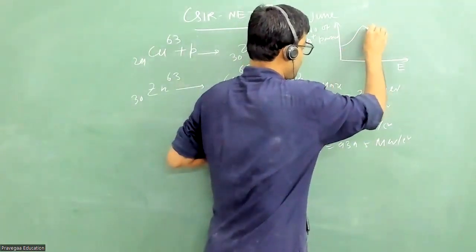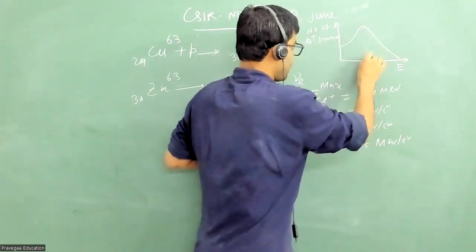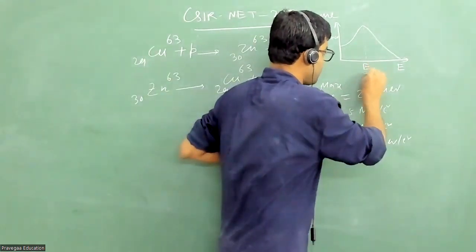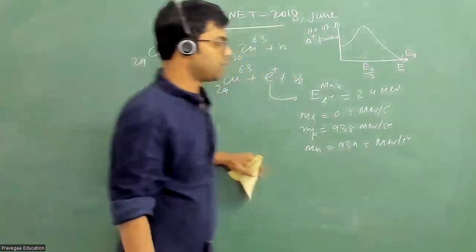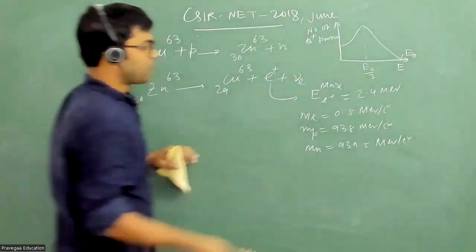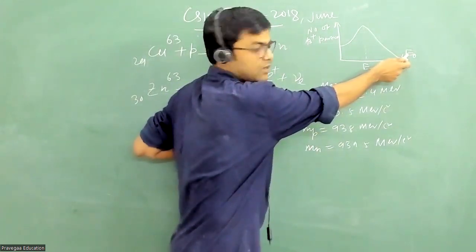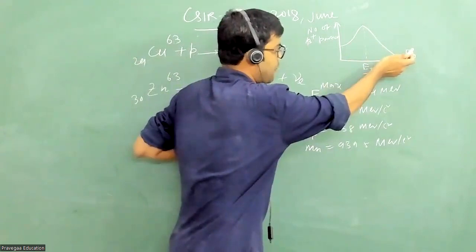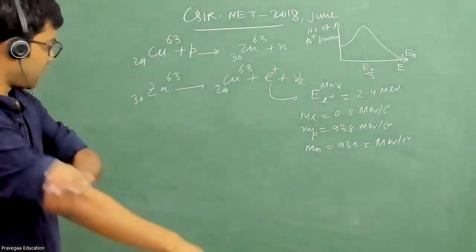It can have many possible energies, but the maximum number of emitted beta particles have energy E naught by 3, where E naught is the maximum energy of emitted beta particle. The maximum energy carried out by beta plus particle will correspond to the Q value of the reaction.